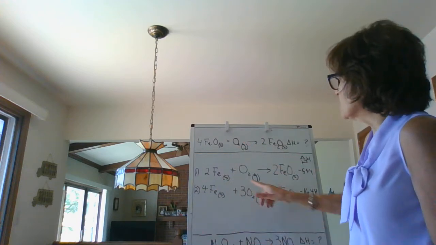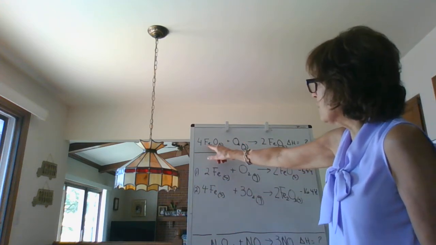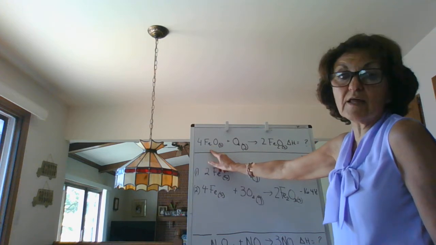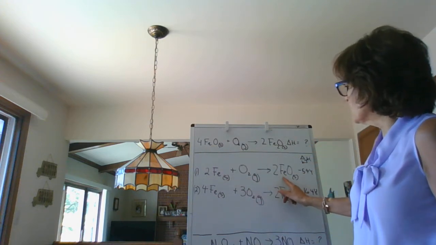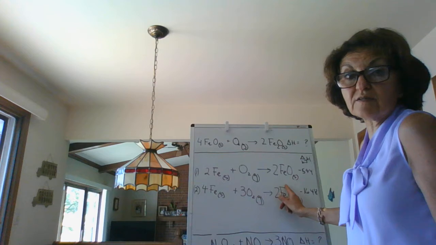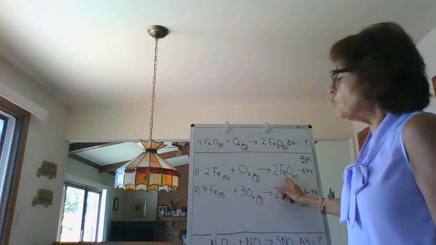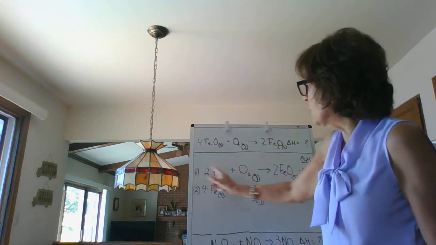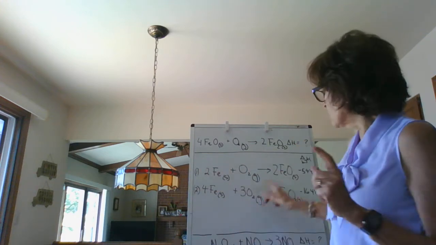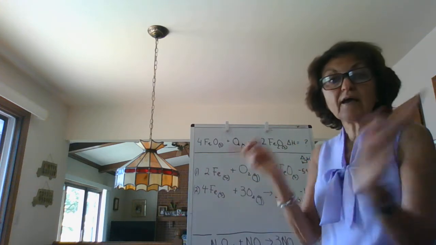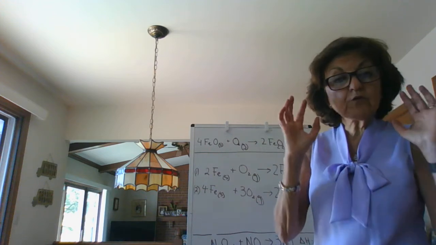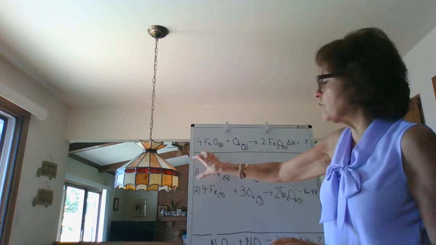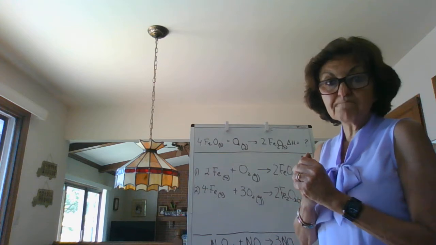Okay, you notice that you've got 4 iron 2 oxides on the left here. Notice how you've got 2 iron 2 oxides on the right here? So what do you think you're going to have to do? You're going to have to multiply this whole equation by 2, so you get 4 iron 2 oxides, and flip it. If you do that, you're going to have this guy over in the right spot, okay?